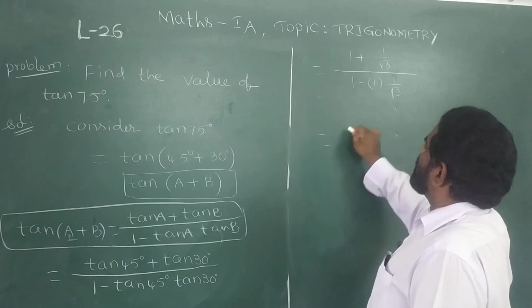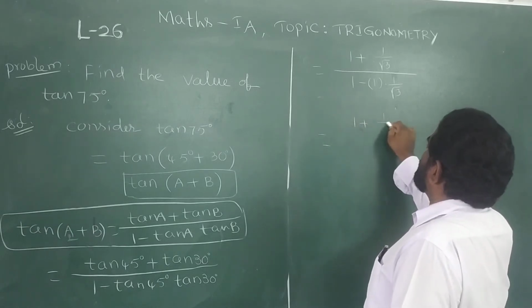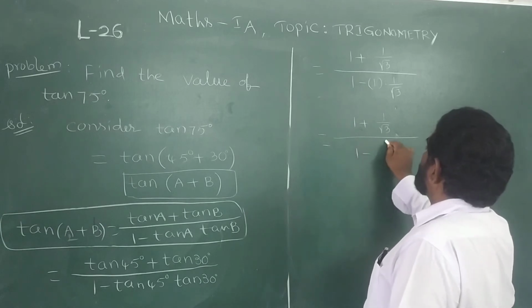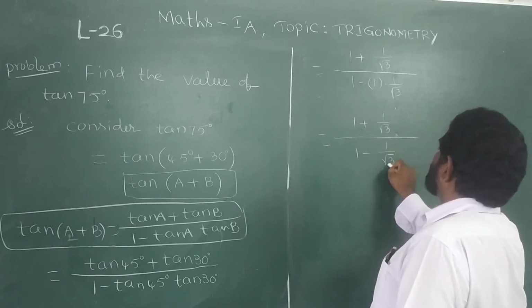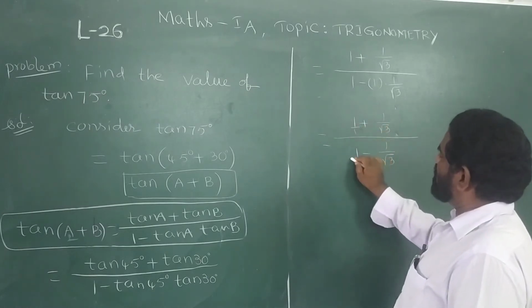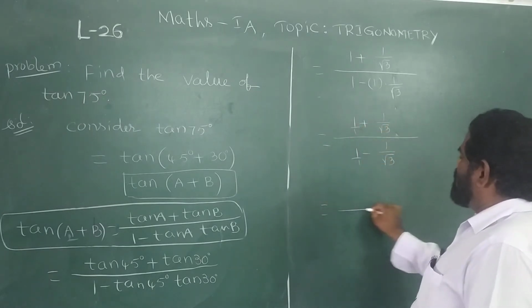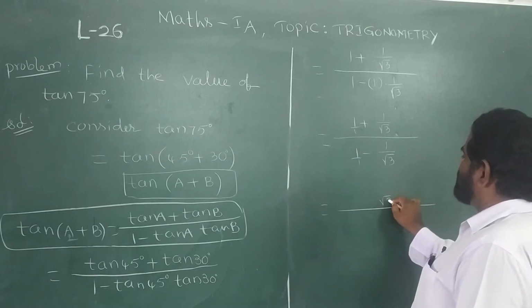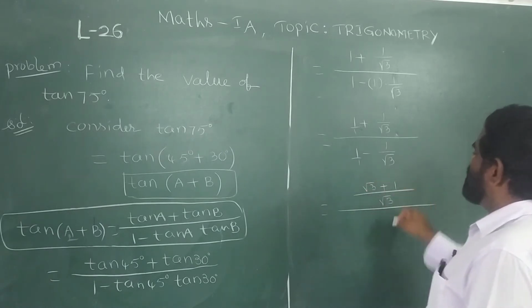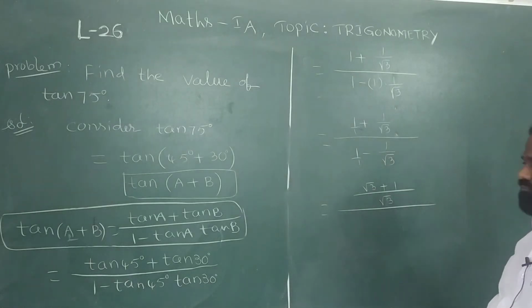What will come in the numerator? 1 plus 1 by root 3 by 1 minus 1 by root 3. Here take LCM. In the numerator LCM is root 3. What will come here? Root 3 plus 1.